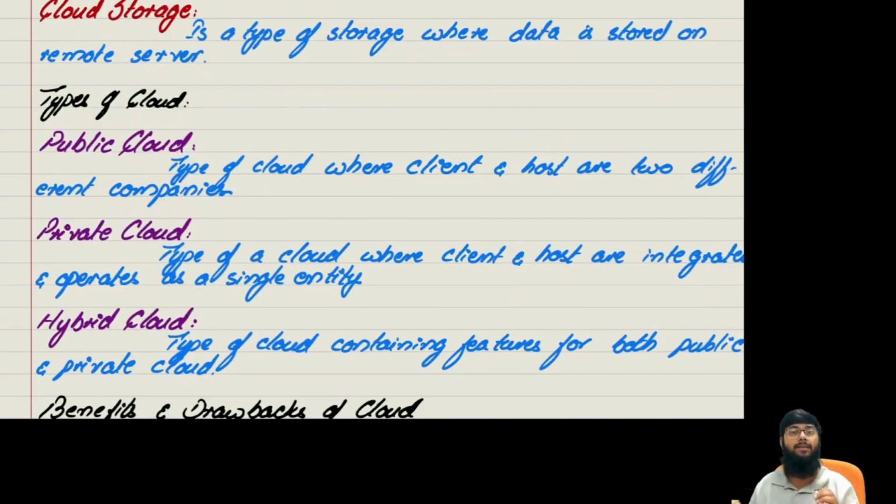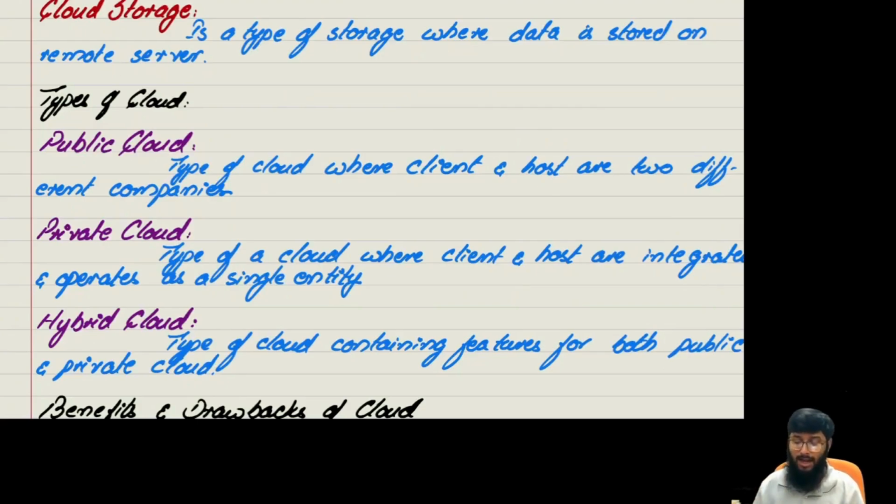That is the reason it is known as a private cloud, because only the person to whom I provide access can access my data. No one else is allowed to access it. So public cloud is accessible to all, while private cloud is only accessible to a particular person or the host.